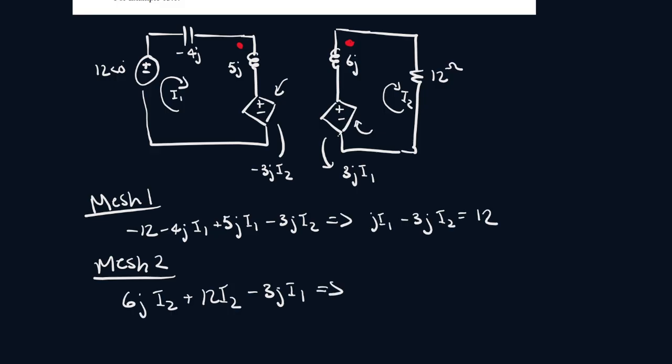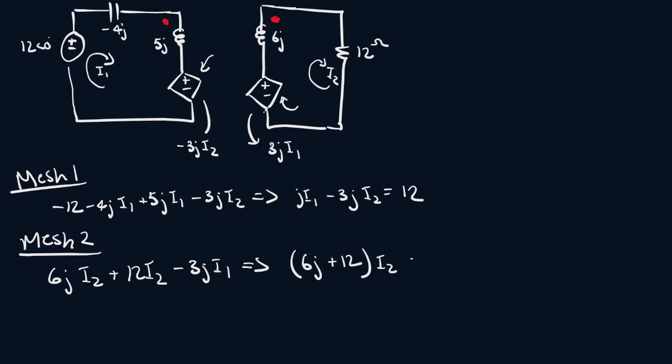So this simplifies to (6j plus 12) I2, and we bring this to the other side, so it's equal to 3j I1.